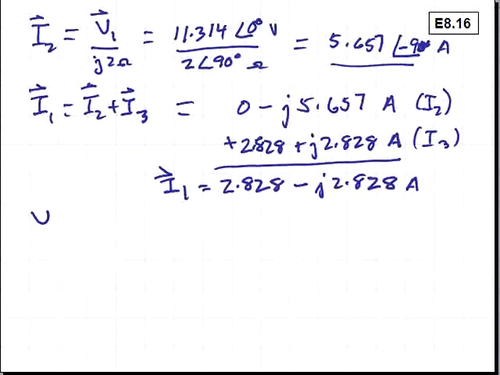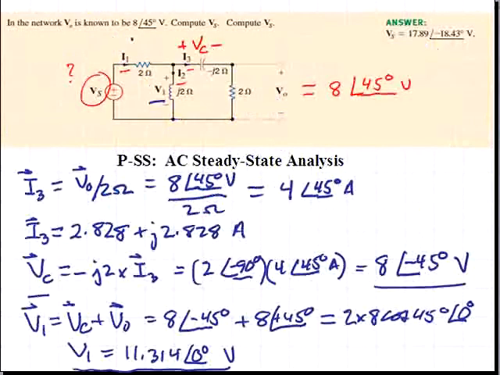Now we'll go back to the circuit for a moment and give the name of the voltage across this 2 ohm resistor through which I1 flows.